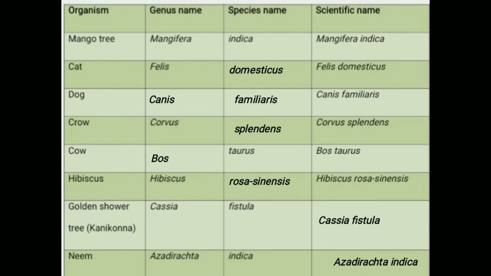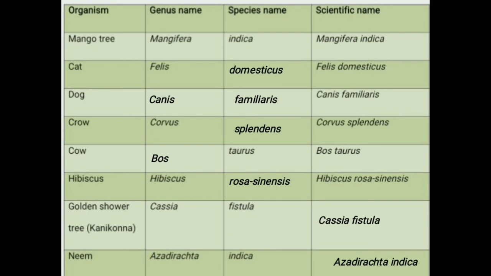When these scientific names are handwritten, we have to underline those names. The genus name and the species name have to be underlined separately when it is handwritten. But when it is typed, we have to give it italics font. Instead of underlining, we have to give the scientific name in italics.